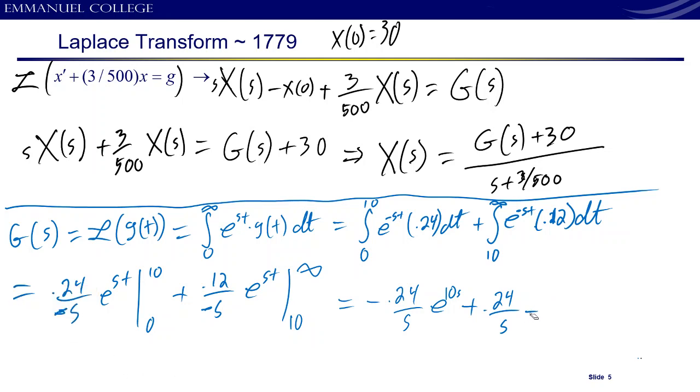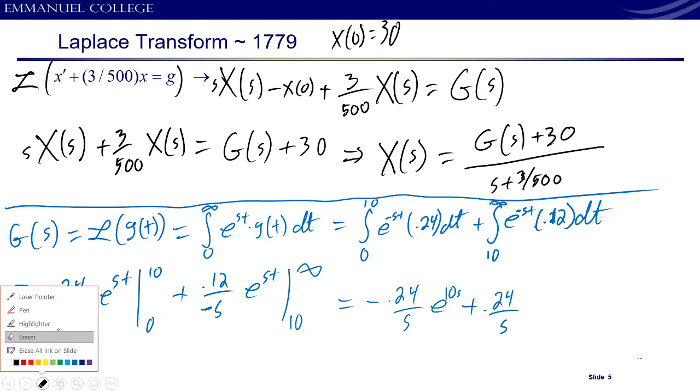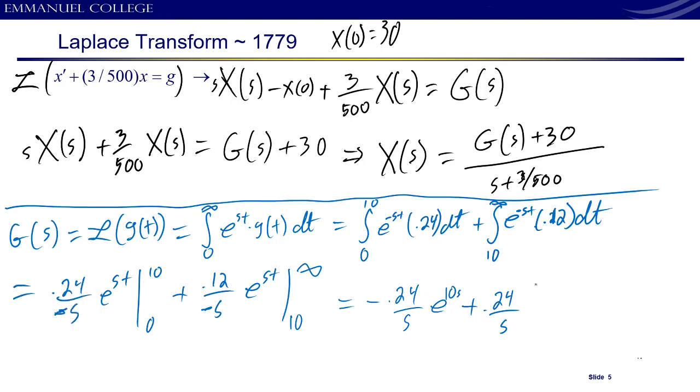Actually, it really doesn't matter here because now I'm going to get basically plus 0 because this is e to the negative st. And so that's going to be e to the negative s, throws it in the denominator as it goes to infinity. The whole thing goes to 0.